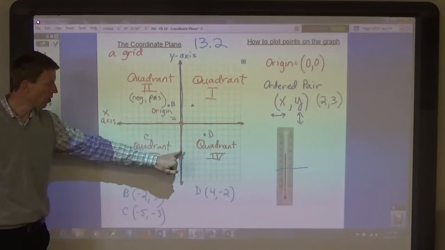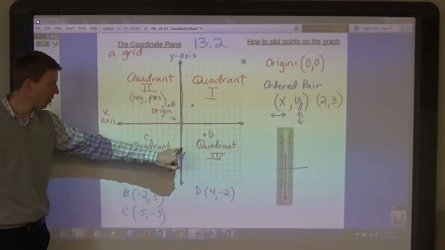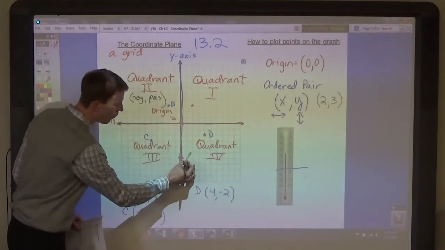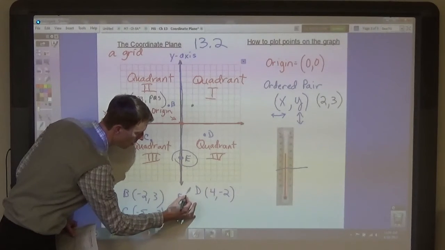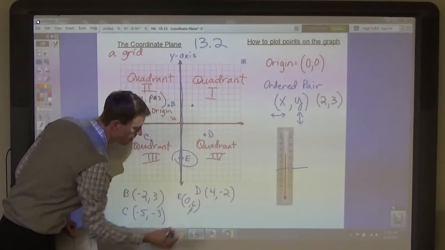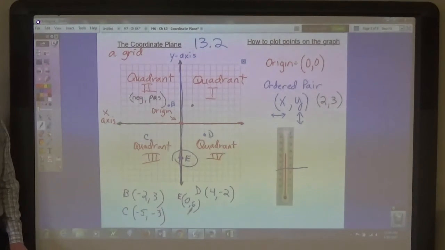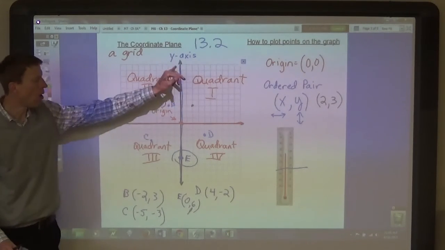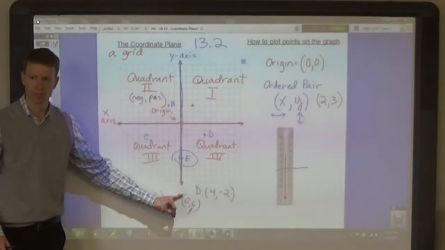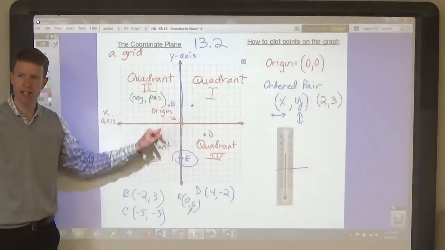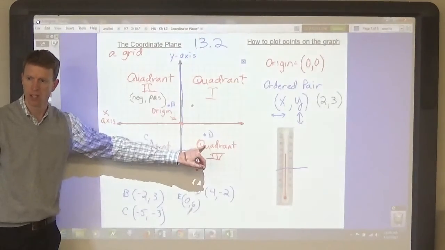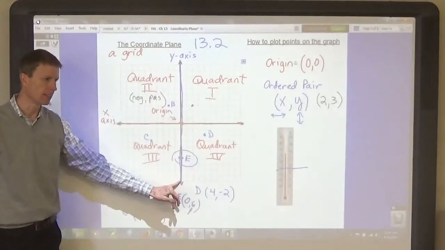So it's 0, comma, 1, 2, 3, 4, 5, 6. The coordinates for point E are 0, comma, 6. What quadrant is that in? Is it in a quadrant? No, it's not. It's on the y-axis. So if a point is on an axis, it's not in any of the quadrants. You would just write that it's on the y-axis.